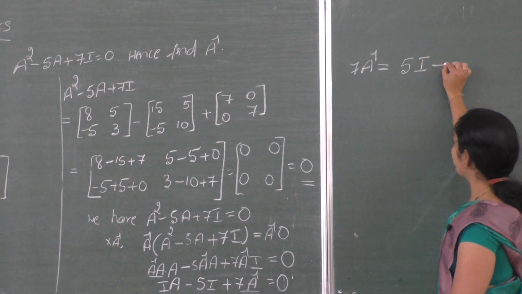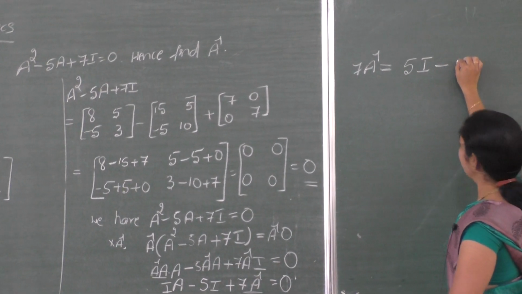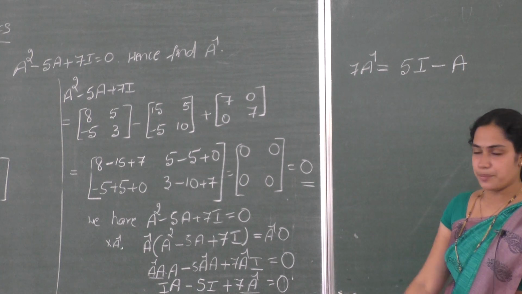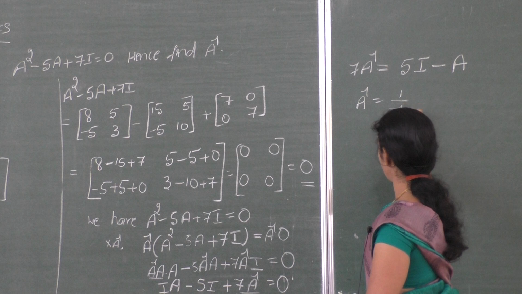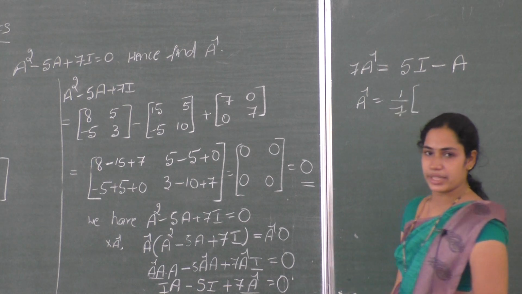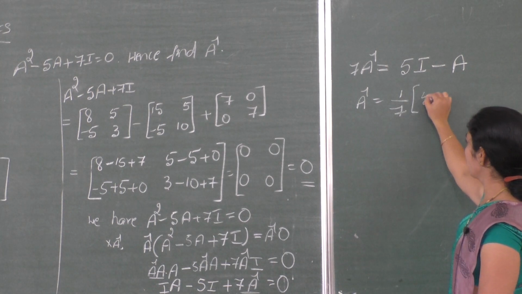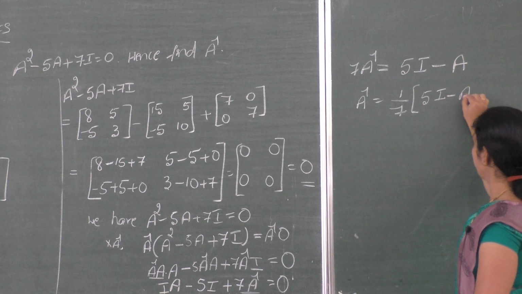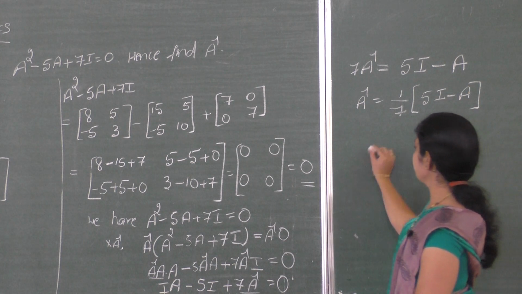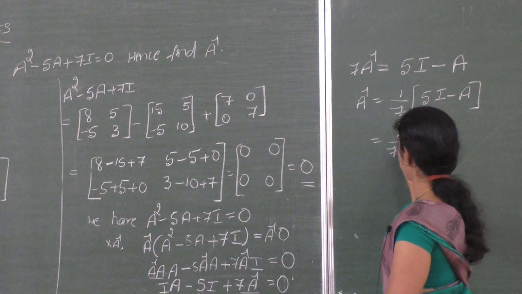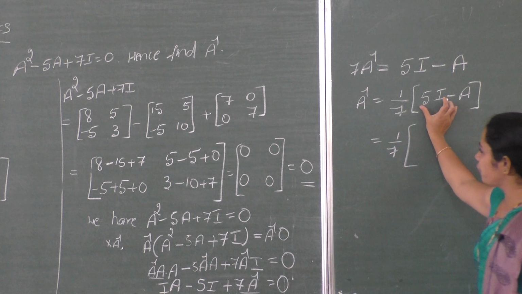So 5I minus A. What is A inverse now? A inverse equal to 1 by 7 into 5I minus A.